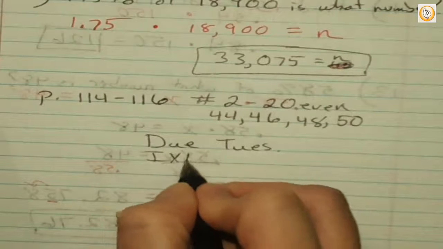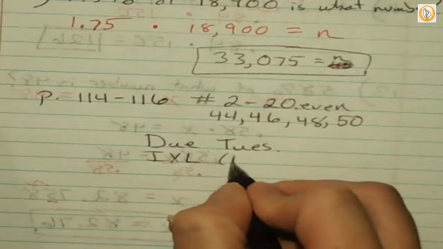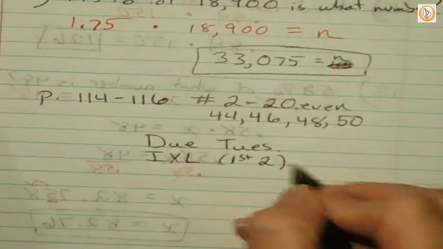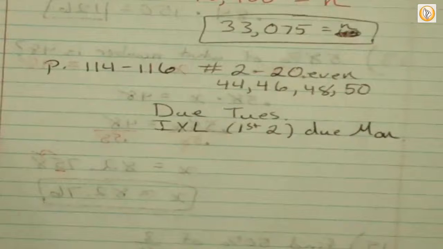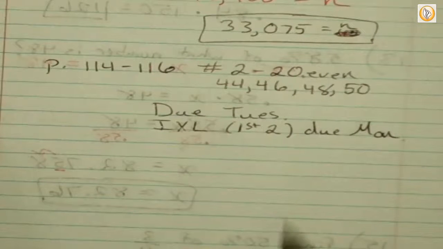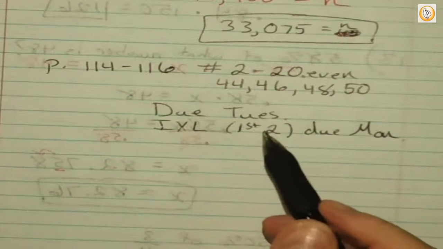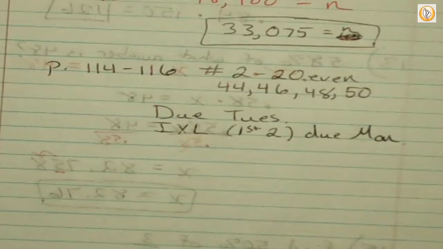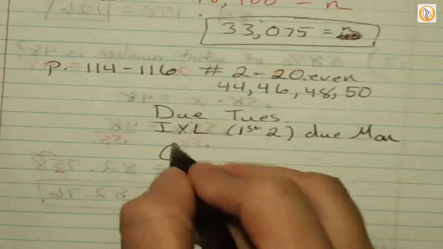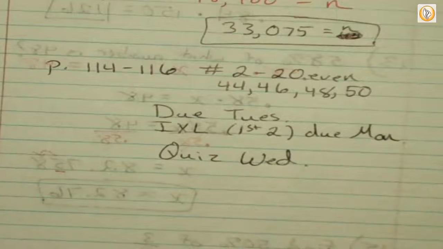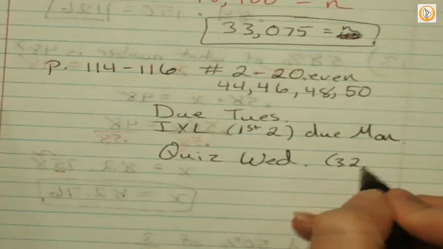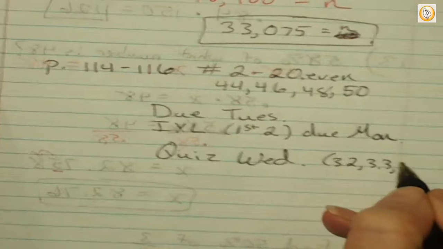Your IXL, the first two are due Monday. The next two will be due, you know, I'll sign those after this because one of them has to do with this. I am considering having a quiz on Wednesday over 3.2, 3.3, and 3.4.